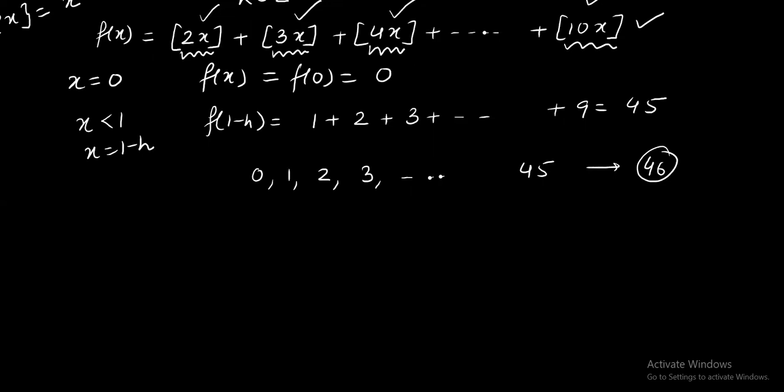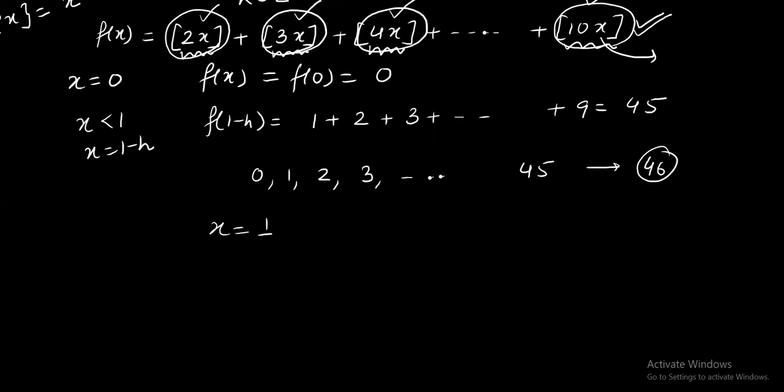How will we verify? One thing is clear that the function f of x will keep on changing its value if any one of these terms, integral part of 2x or 3x or integral part of 10x, becomes an integer. Like x equals to 1 by 10. I'm considering integral part of 10x.